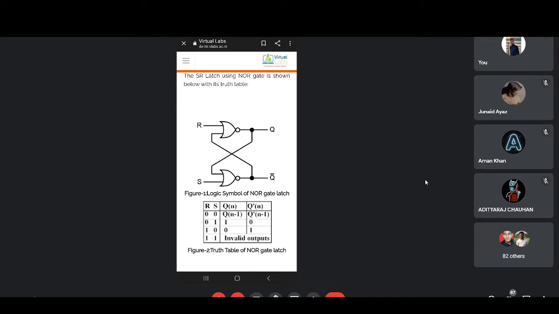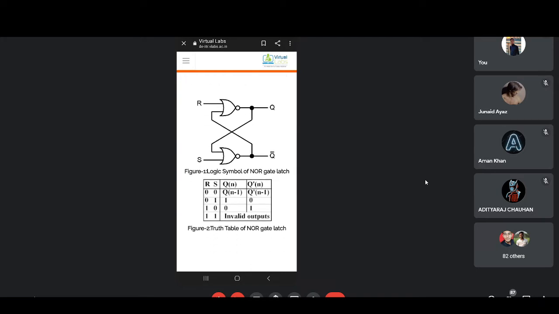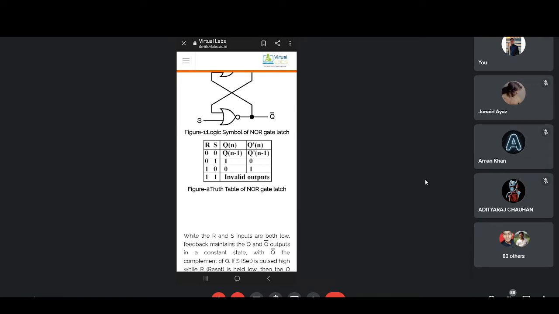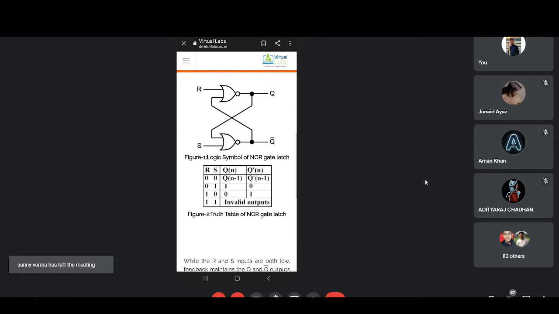For theoretical aspects, all the functions performed by a latch are also performed by flip flops.